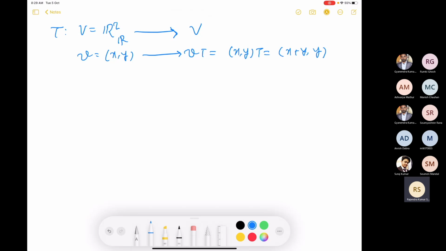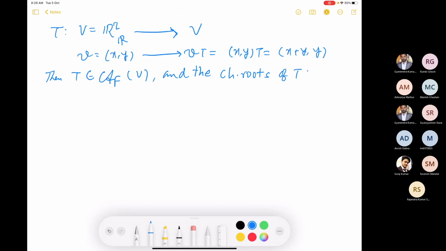Now, for this linear transformation T, the characteristic root or roots of T are lambda is equal to 1 only. There is only one characteristic root, that is lambda is equal to 1.